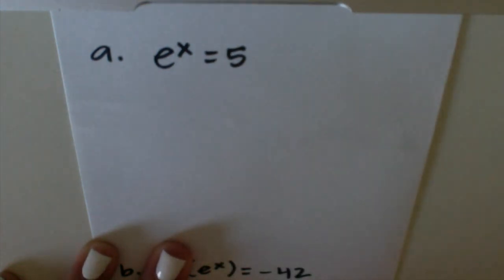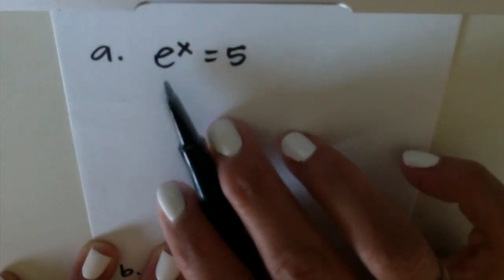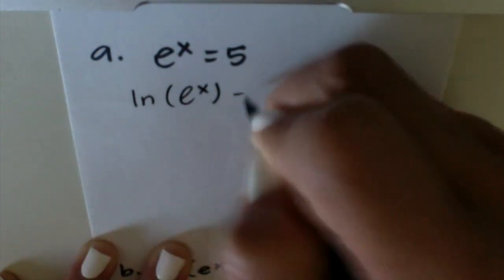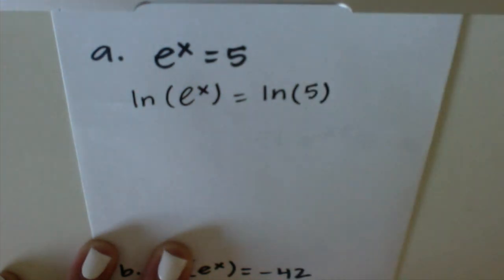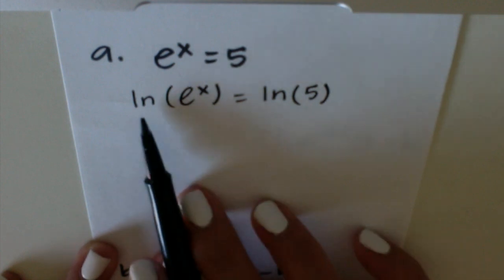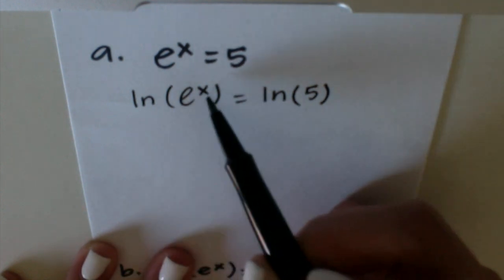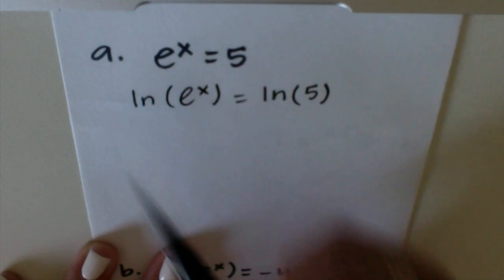So what we're going to do is take the natural log of both sides because the base number is e. So we're going to go natural log of e to the x, and then do the same thing on the other side, natural log of 5. Now, since we've taken the natural log of both sides, we can move this exponent into the front.